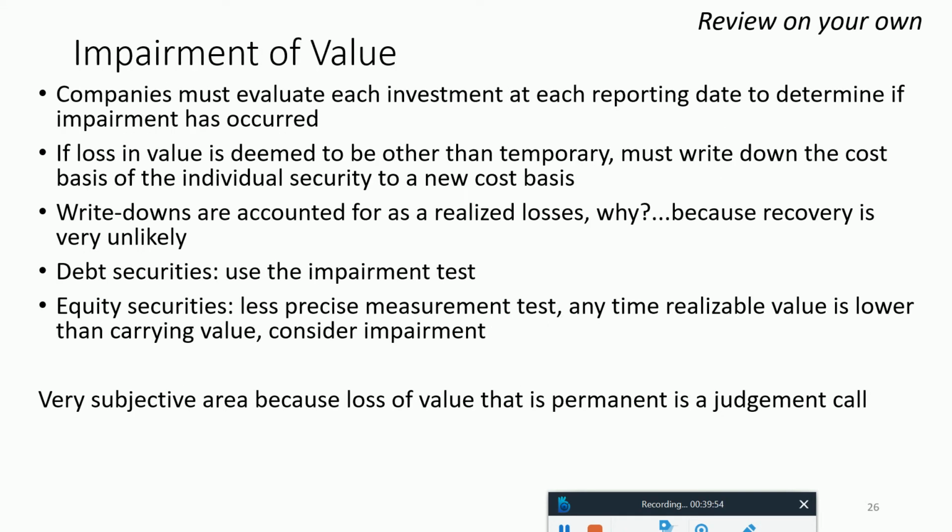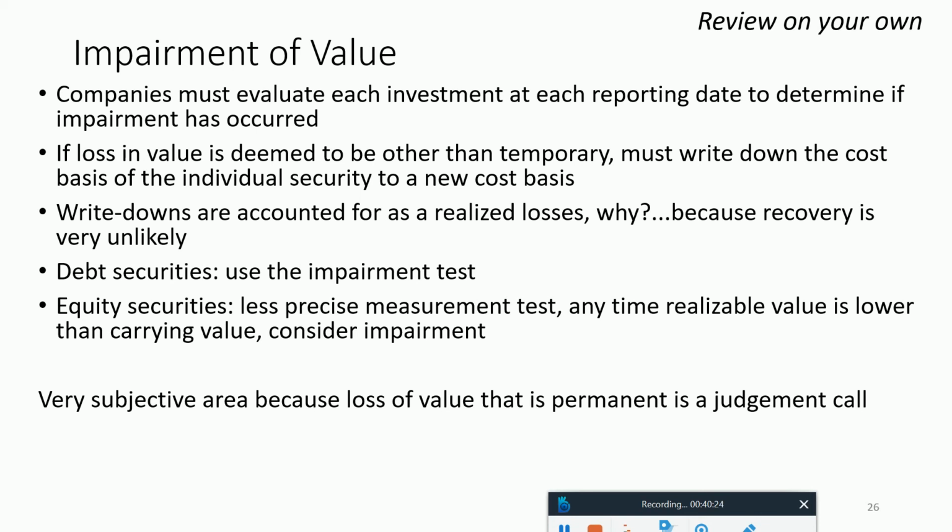A second consideration is impairment of value. For impairment of value, companies have to evaluate each investment at each reporting date to determine if an impairment has occurred. If there is a loss in value that's deemed to be something other than temporary, it is required to write down the cost basis of the individual security to a new cost basis.